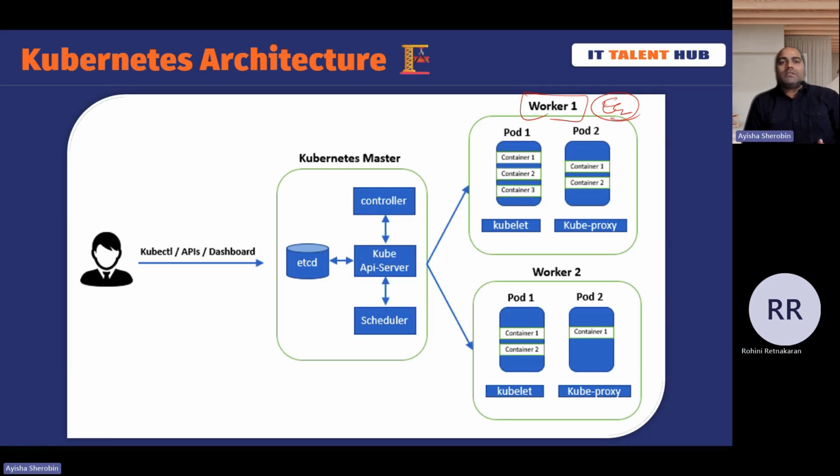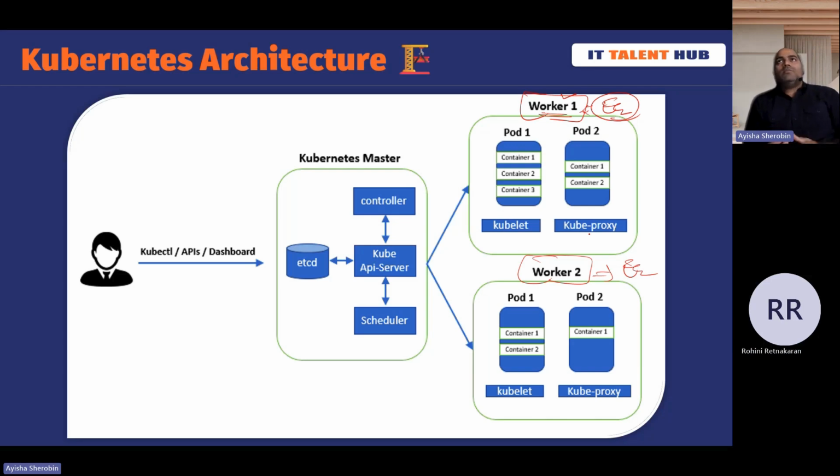High availability means more than one worker node, more than one server, more than one EC2 instance. Let's say this is one EC2. We call it a worker node in Kubernetes terminology. So here there is worker node 1 and worker node 2. There are two machines, this is also EC2 and this is also EC2.